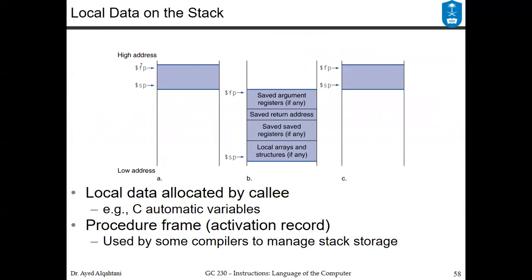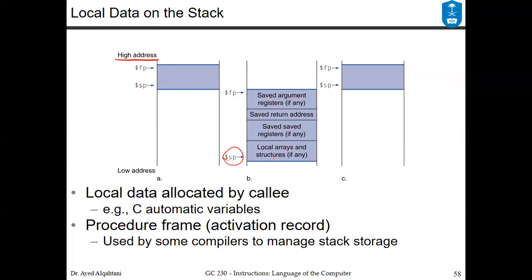Now, remember that the stack pointer, also the frame pointer, even though we don't discuss the frame pointer much, starts from high addresses, and when you want to push data to them, you decrement their values. As you can see here, the stack pointer is already here, and you saved many things: argument registers, the return address, S registers, and some local arrays or structures.